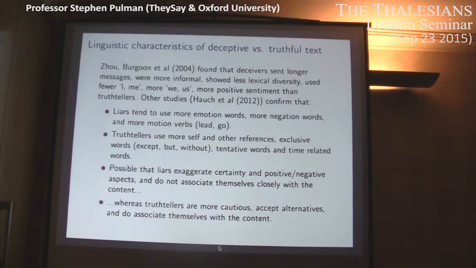Another way of trying to do it is to get transcripts of court proceedings, and then for the person who's been found guilty, you assume that they were telling a lie in their evidence, and retrospectively classify the transcripts, or chunks of transcripts, in that way.